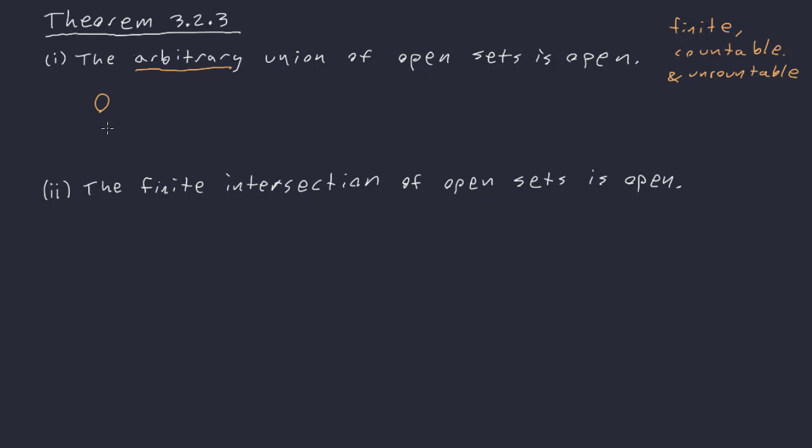They'll use something like O sub alpha, where alpha is in some arbitrary set lambda. Sometimes they'll use lambda as well. So if each O sub alpha is open, then the arbitrary union of every element of all of these is open.